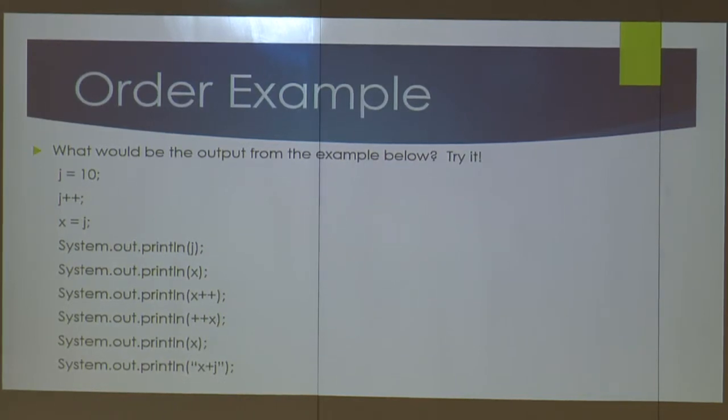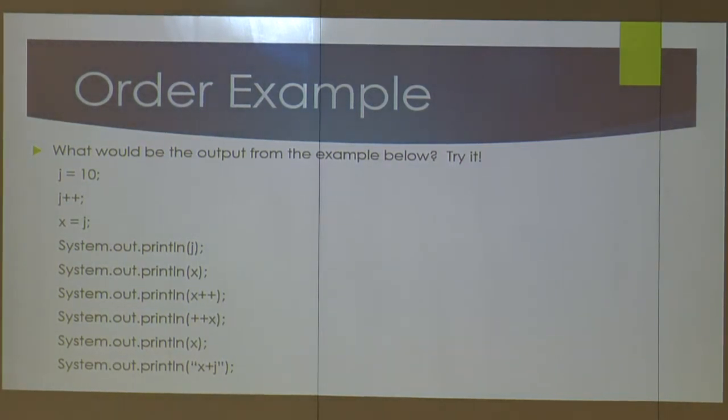And so an example I have here is, what would be the output from this example. This gets kind of interesting because one of the more confusing parts of precedence or operators can be when you have a plus plus or a minus minus, so incrementing or decrementing, because it can go either before or after a variable. So it can sometimes get a little bit confusing of, when's that actually going to happen?